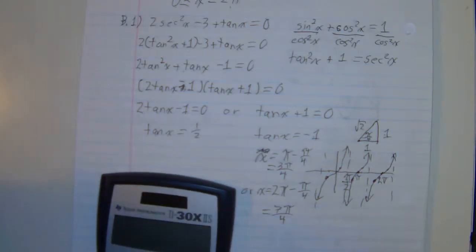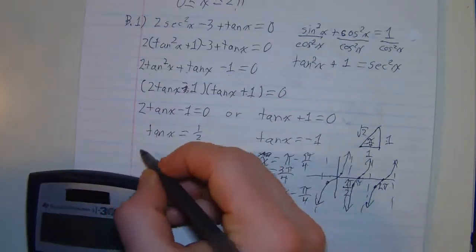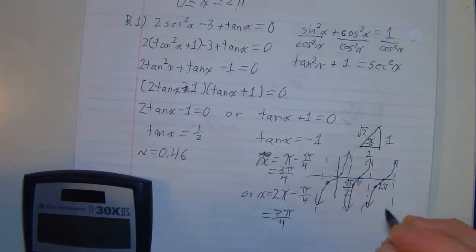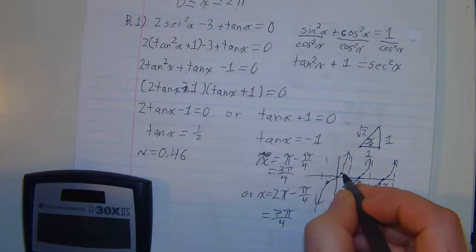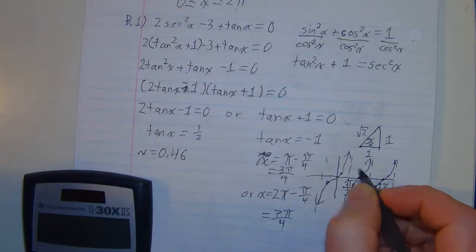So turn it on, make sure it's in radians as always, and then do an inverse tangent of 1/2, which is 0.5, and we get 0.46 approximately. So that's this point here. We know that one cycle later we have another one.